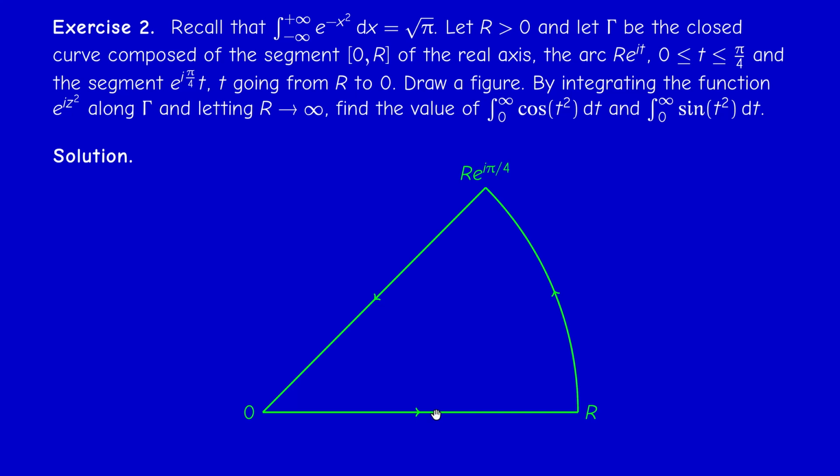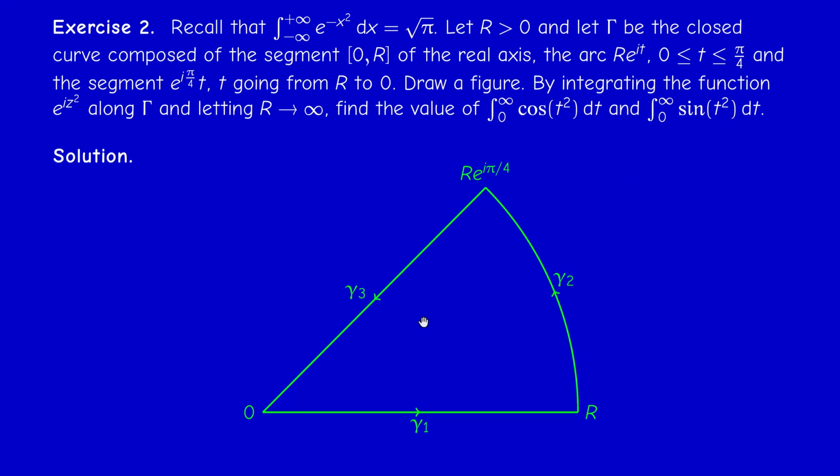And then we try to evaluate it directly, so integrate along this path that I call gamma 1, then gamma 2, then gamma 3. So capital gamma is the composition of gamma 1, gamma 2, and gamma 3. So we'll try to evaluate at least the integral along each path, and then let r tend to infinity and see what happens.